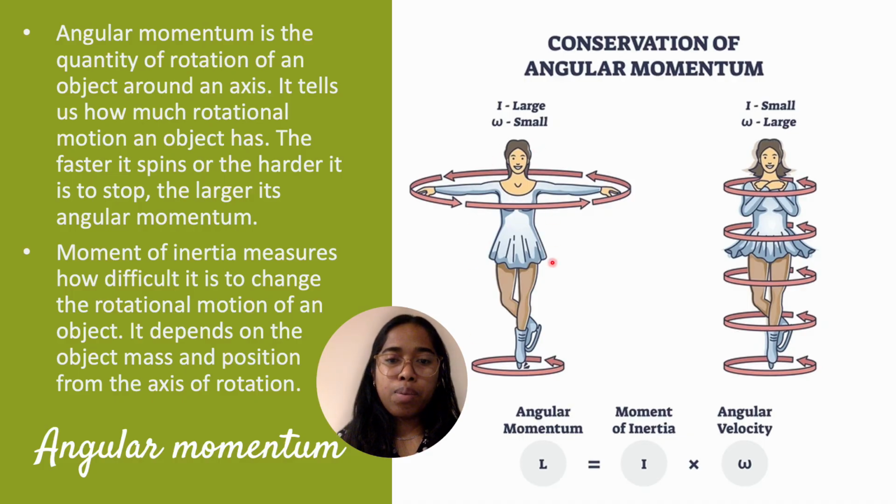So here, for example, we have two scenarios of a figure skater, where in this figure the arms are open, so the moment of inertia is larger, and then the velocity is smaller compared to the velocity when the arms are closer to the body, because here the moment of inertia is smaller, because it's much closer to the axis. So that is what conservation of angular momentum is.